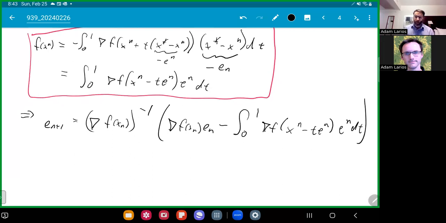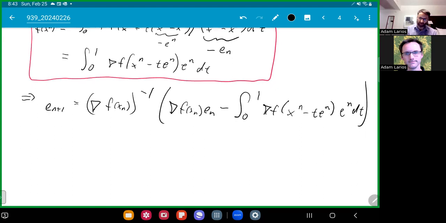So we can write this a little bit further as just gradient of f xn inverse times the integral from 0. Sorry, just one moment here. Yeah, times the inverse. I'm just going to factor this En out.